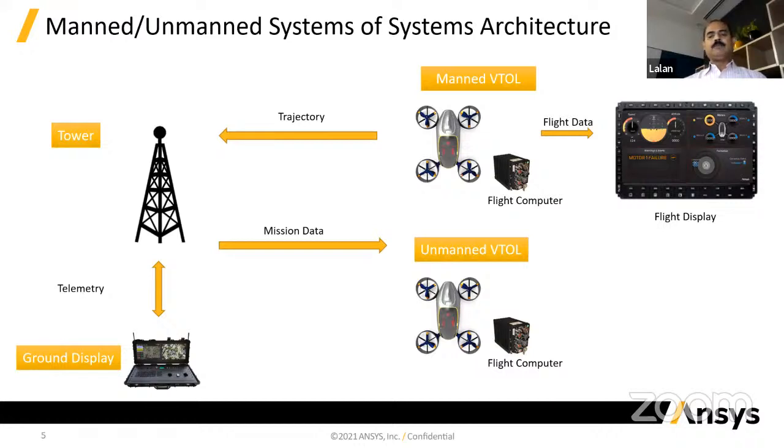In the manned system, they interact with the ground control for traffic and trajectory information. They do have a flight computer display for the flight information. The unmanned system obviously needs to interact with the ground station just like the manned vehicle. But in addition, they would also need the ground pilot to feed them with the mission data and also the data to control the flight.